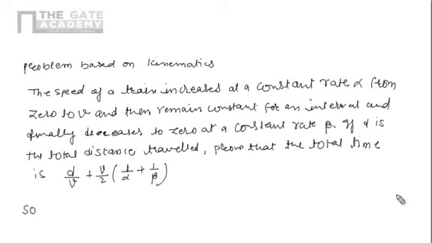So now we will see how we can solve this problem. For solving this problem, just draw a diagram which represents velocity versus time. This is velocity, this is time.